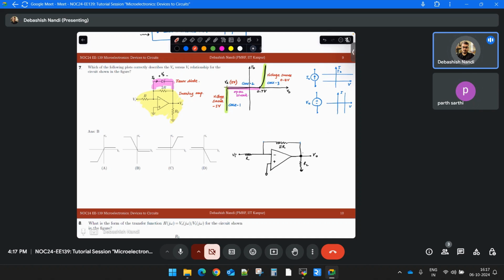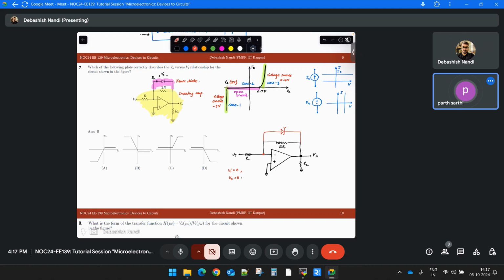Now let us just start with keeping the symbol as is. By the way, if Vi is 0, what is V out? Vi 0 means this is also 0, right? So V out will also be 0.